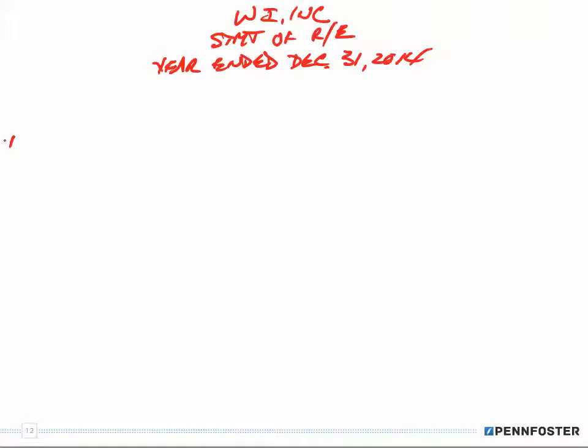I put in the heading as my first thing. Then I have beginning retained earnings, and I have to put in that date, which is January 1st, 2014. And then I'm going to add my net income. Well, in this case, I don't have net income to add. I have a net loss, so I have to write less my net loss.